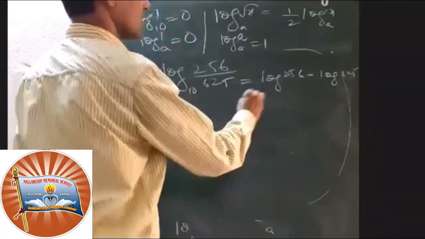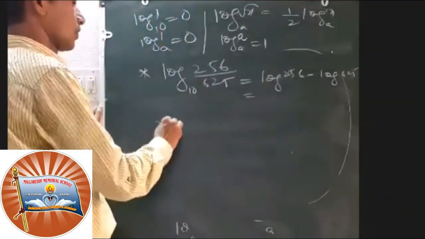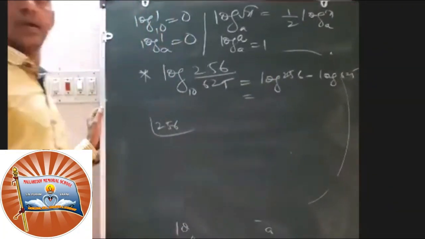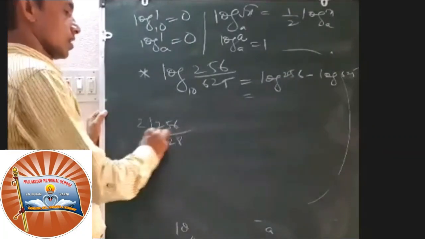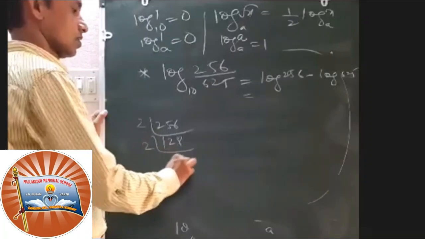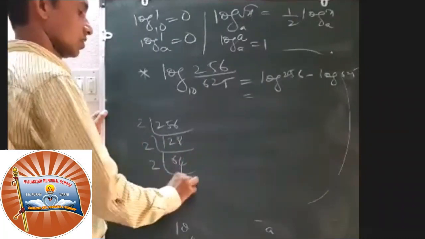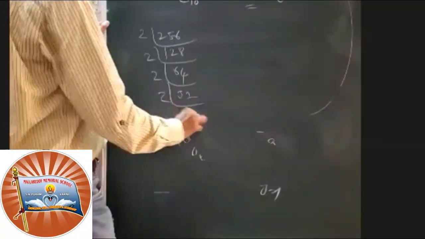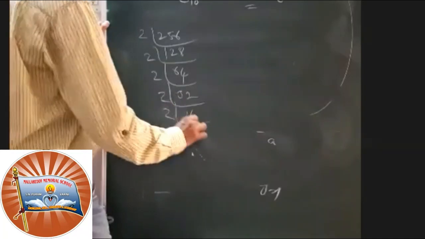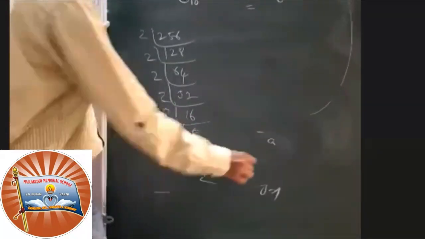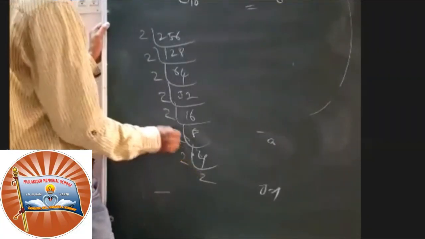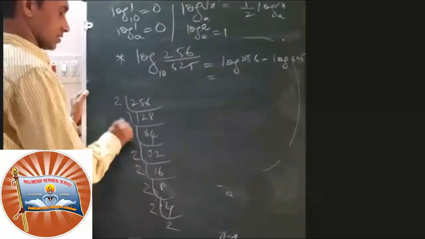What is 256? You have to factorize 256. It is 2 times 128, 2 times 64, 2 times 32, 2 times 16, 2 times 8, 2 times 4, 2 times 2. How many times? 1, 2, 3, 4, 5, 6, 7, 8.